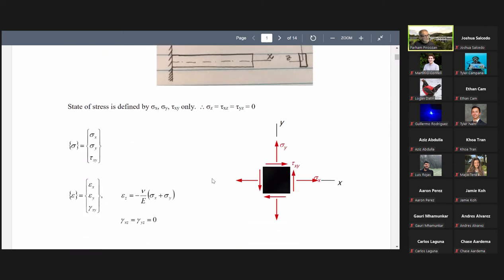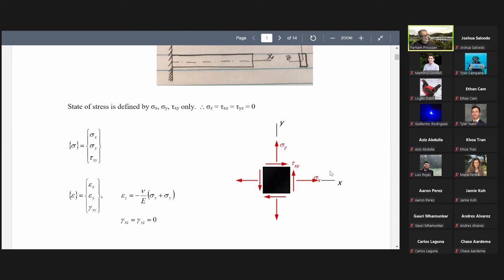So with this situation, our example cantilever beam with thin thickness, this is our XY plane. This is a state of stress element. Stresses are sigma x, sigma y, and tau xy.